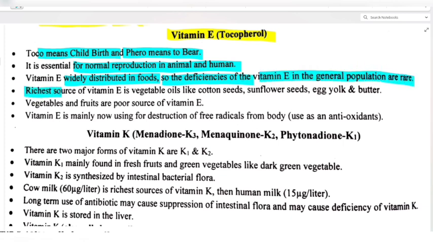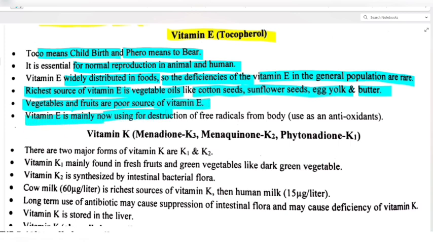Richest source of vitamin E is vegetable oils like cotton seeds, sunflower seeds, egg yolk and butter. Vegetables and fruits are poor sources of vitamin E. Vitamin E is mainly used for destruction of free radicals from the body. So it is used as an antioxidant.